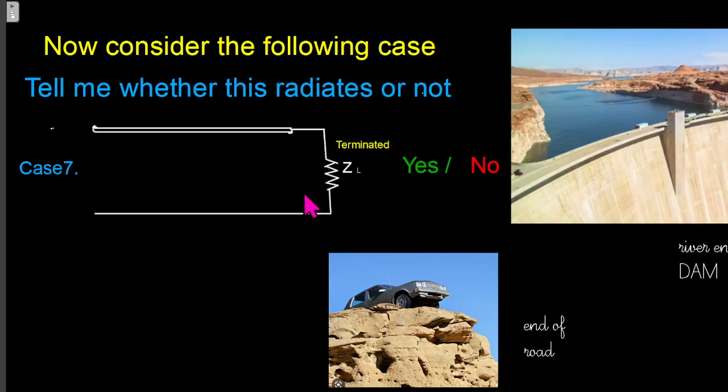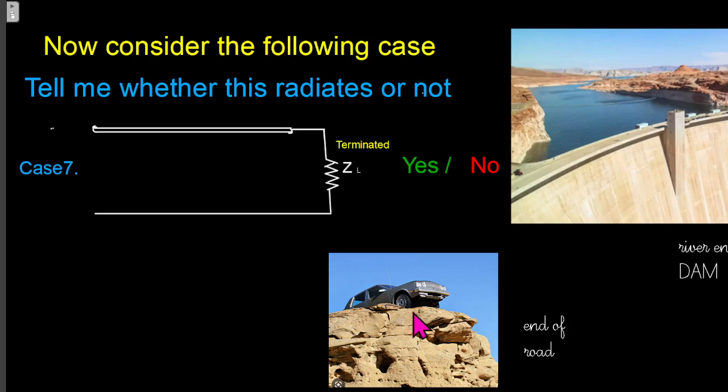And the next case is here, the wire is being terminated, so you have the proper end, but even then the radiation occurs here. Why? Because you can compare it with a dam. The water is flowing, and if we stop the flow of the water by constructing the dam, definitely there will be some small leakages.